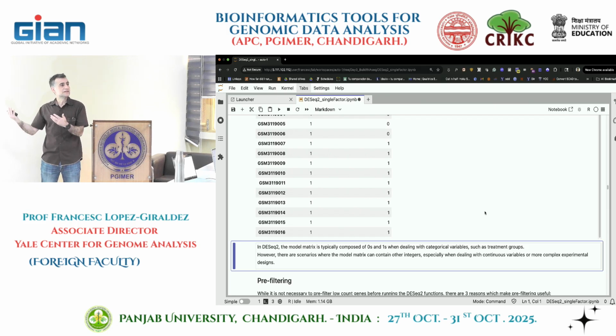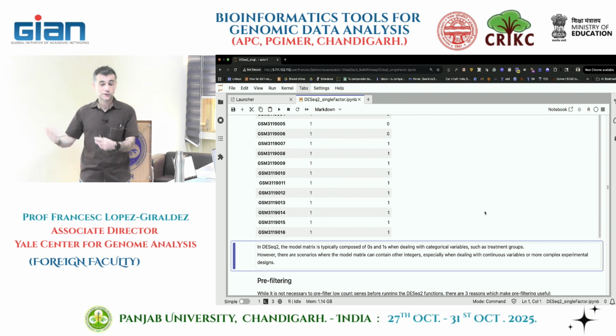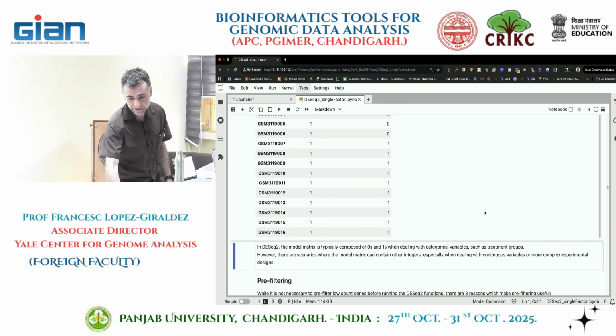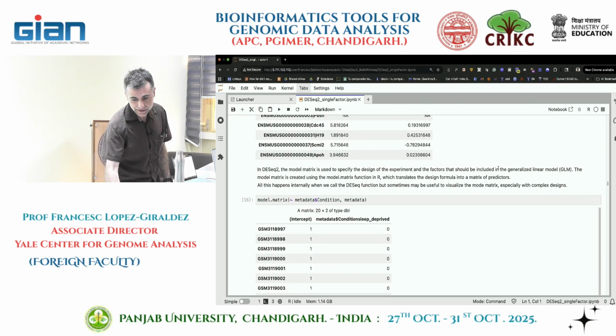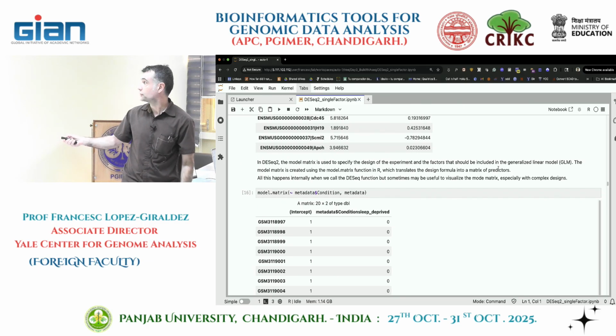You don't need to get into these details in your analysis. But if we have a really complex model, and if we have time, I'll show you. This helps me draw those arrows and understand how many coefficients DESeq2 is going to calculate. If you want to know how it's calculated internally or access the model matrix, it's through this function call.